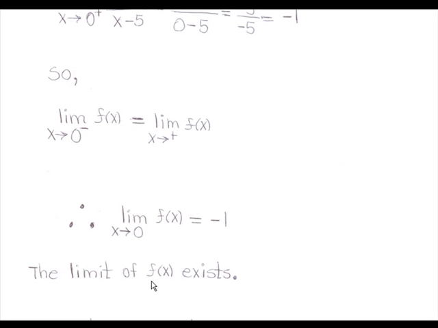Therefore the limit of f of x exists. Now in order for a limit to exist as it's approaching a point, it cannot have two different limits at the same time. So if it's approaching a point and it has two different limits at the same time, then it does not exist.